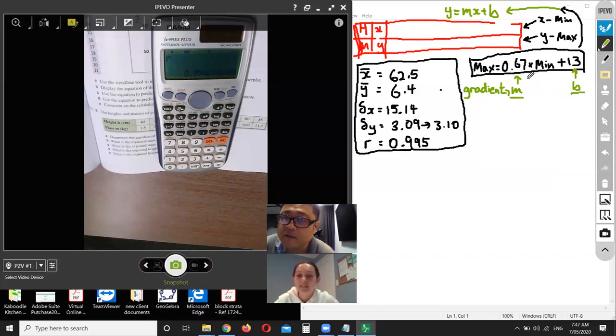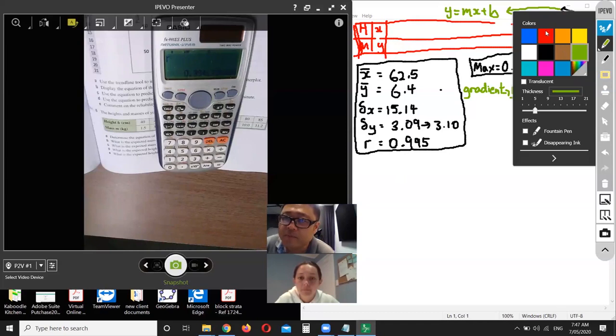B stands for your y-intercept. Got it? So that's all we need to set up the relationship. Now what we need to do for the height and the mass is work out what our M is going to be in our situation and what our B is going to be in our situation.